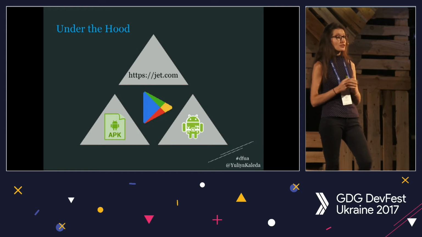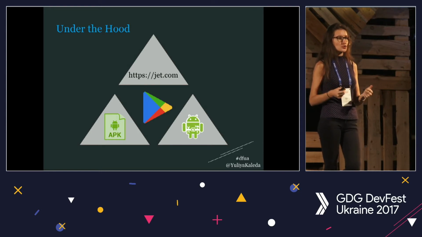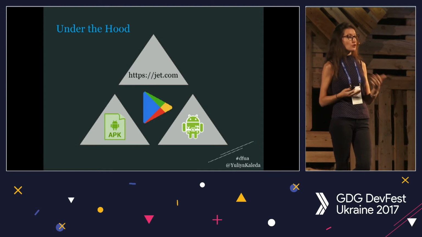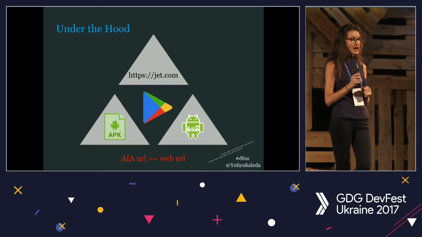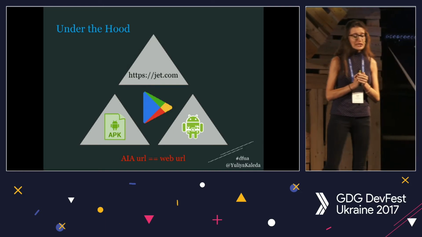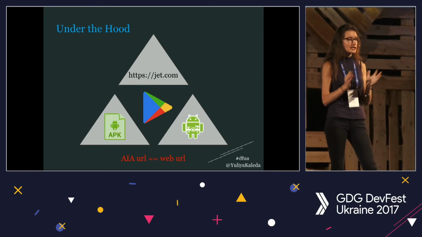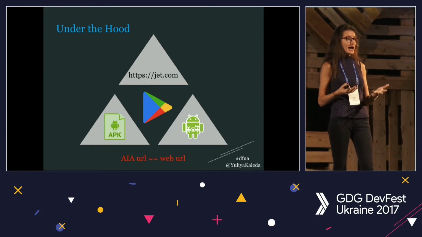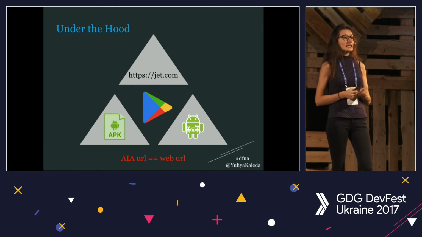One of the most important things that I would love to pay your attention to and basically warn you about is that when you're creating Instant App URL addresses, you have to make sure that they match mobile web URL addresses. And why is that important? Imagine I create a very unique Instant App URL address that does not have a matching URL address on mobile web. Then I take a KitKat device and click on a URL address that is unique for Instant App.